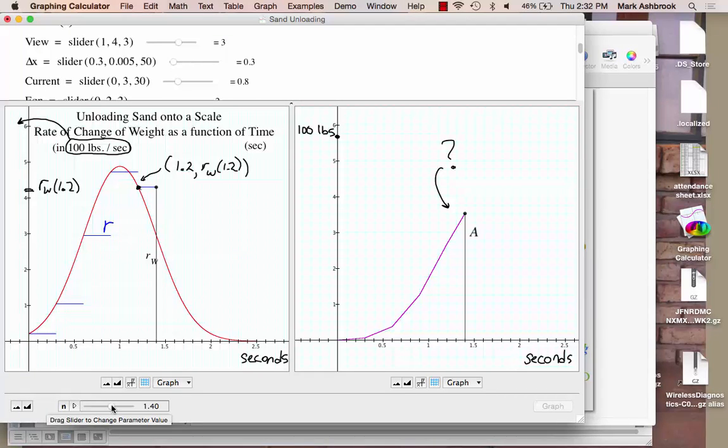So we want to figure out how A of 1.4 is shown on this graph, on the approximate accumulation graph. A of 1.4, where do we see that on this graph over here? What about this visual right here is showing the value of A of 1.4?